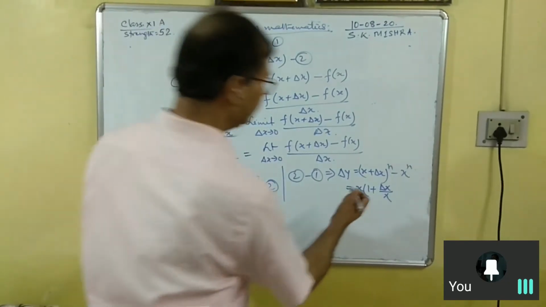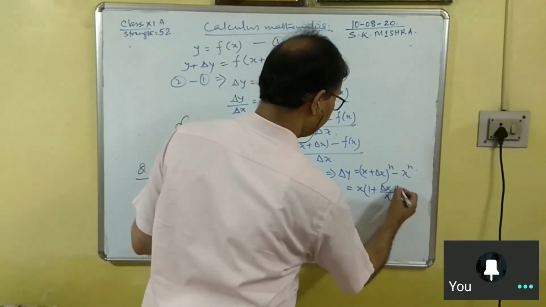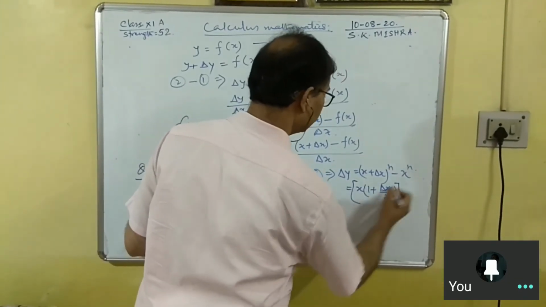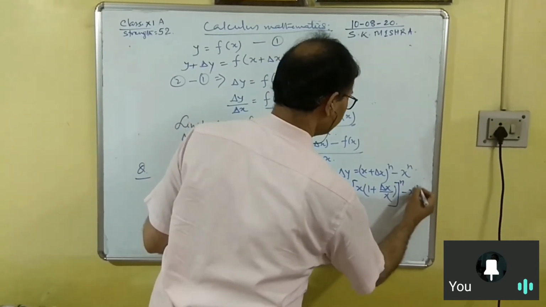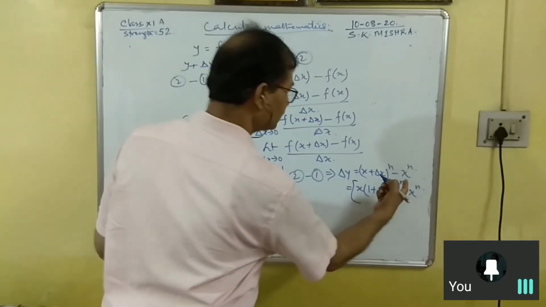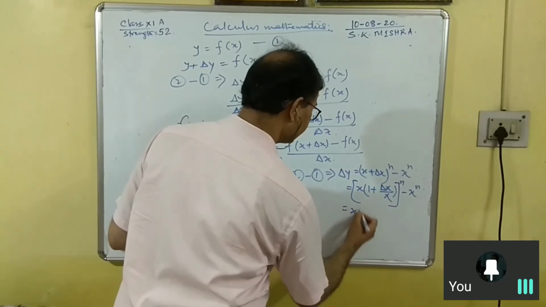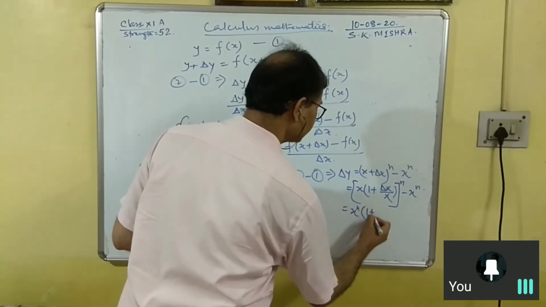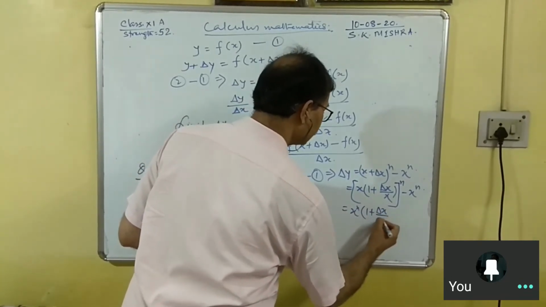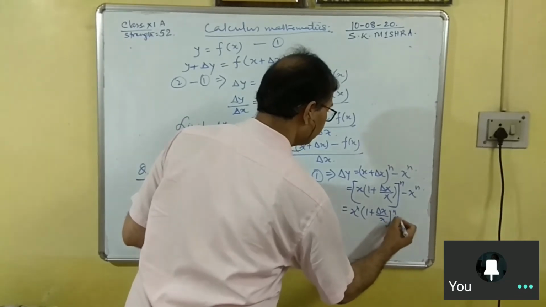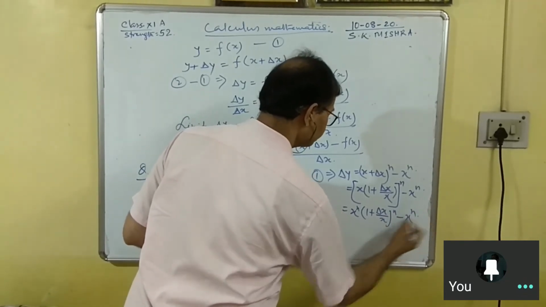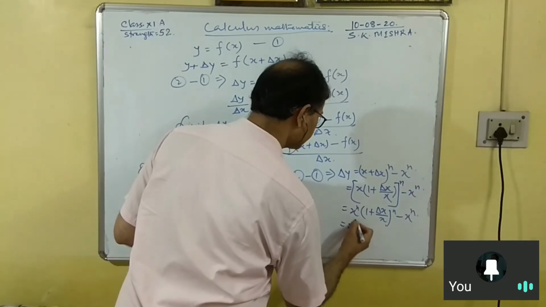So then raised to n, okay, I am putting n here, minus x raised to n. Take x raised to n out, then 1 plus del x by x raised to n minus x raised to n. So just take x raised to n common.